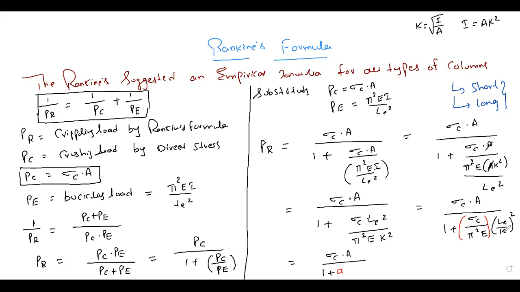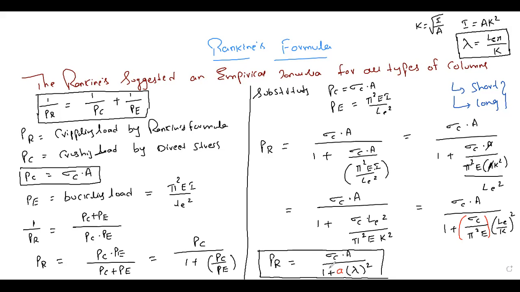So what is L E by K whole square? What is the formula of lambda? Effective length by radius of gyration. So this can be written as a lambda square. So finally, what is your Rankine formula?